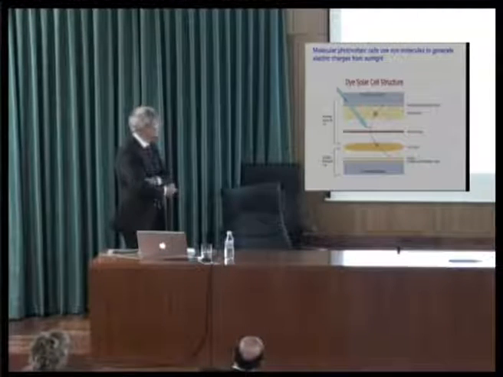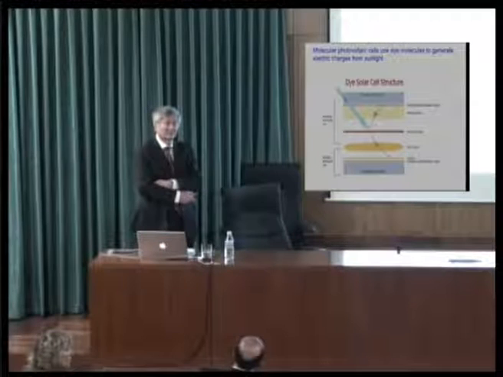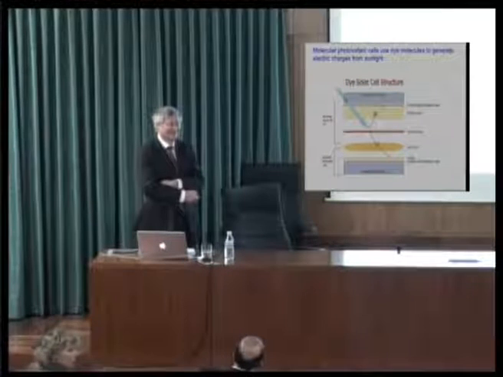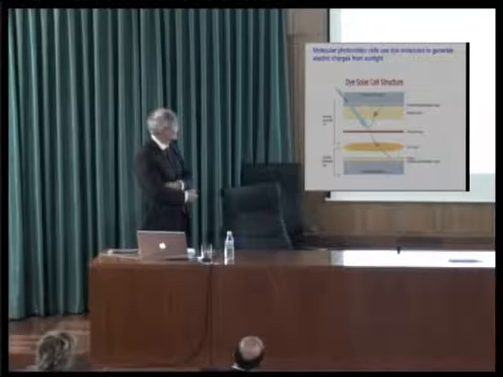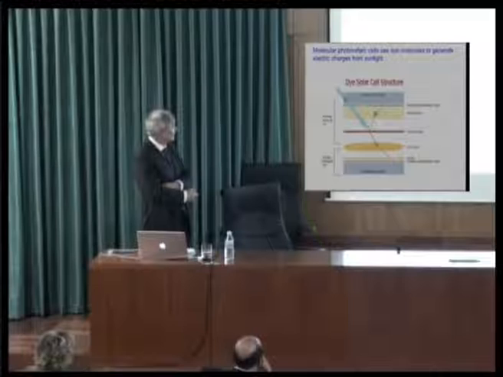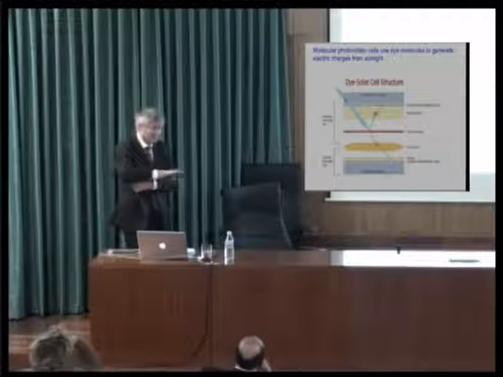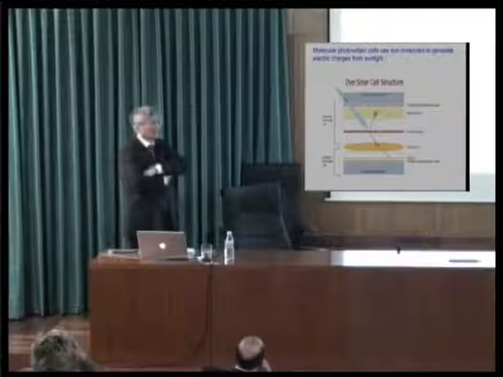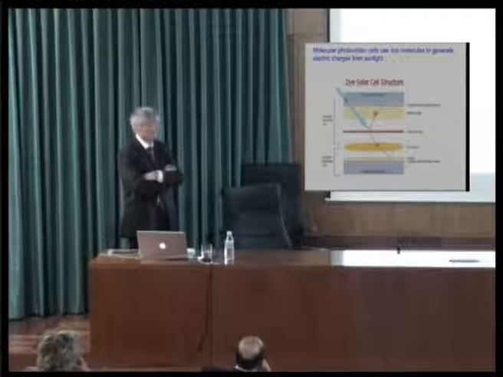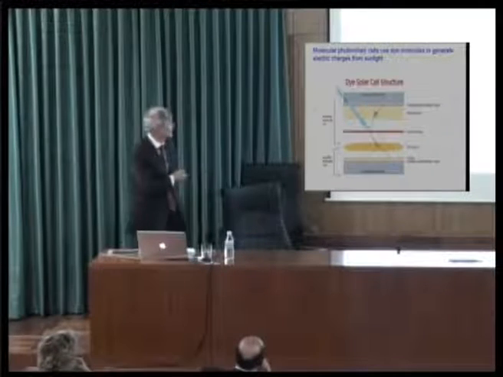But we don't have in this cell any minority carriers. That's very important to know. We generate electrons, we inject those in a mesoporous oxide. It's a semiconductor, so the conduction band of this oxide is used to transport the electrons away. But we don't make any holes. There are no minorities.